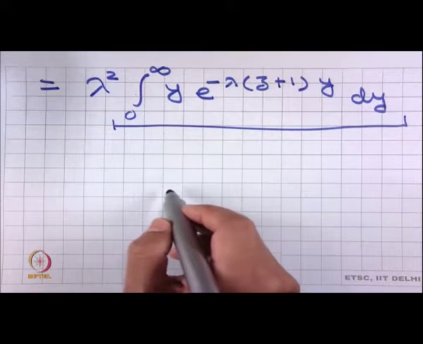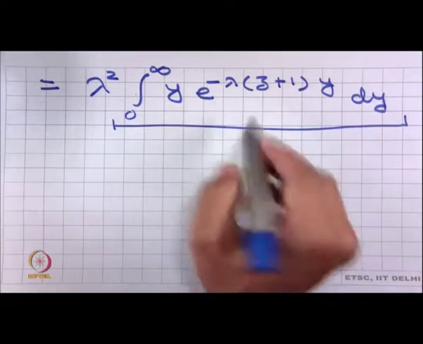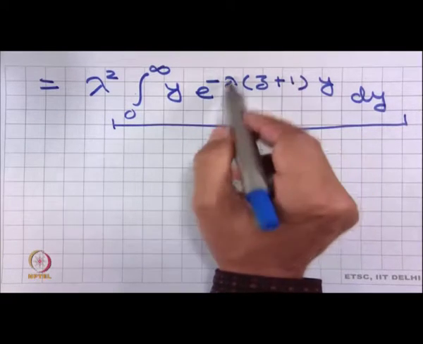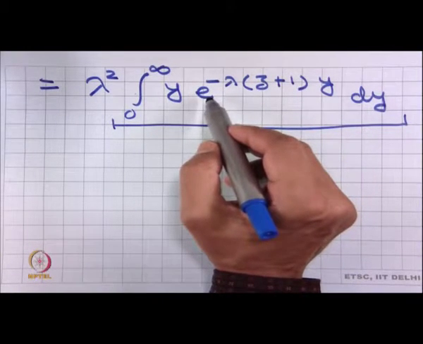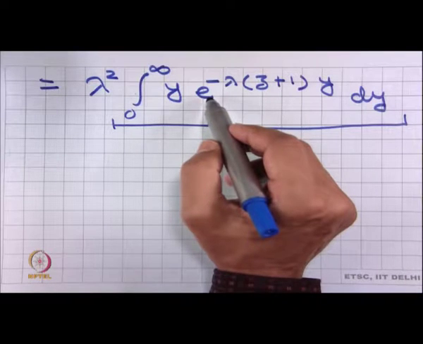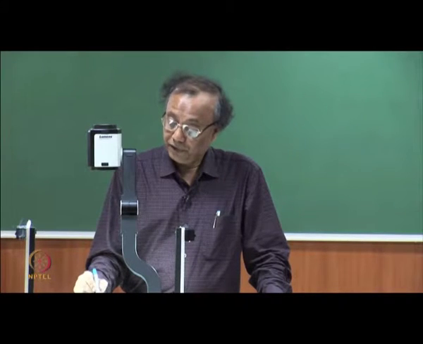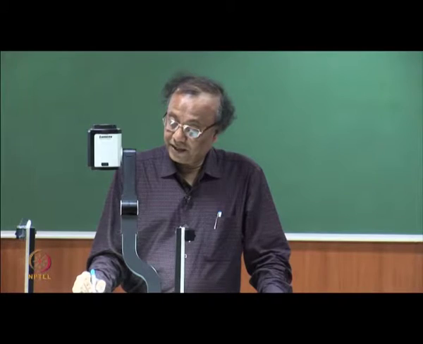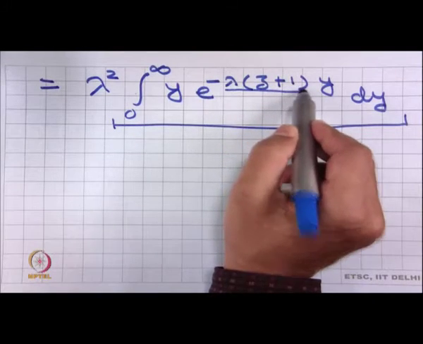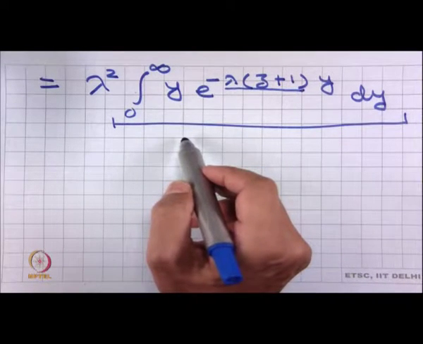Now, let us look at this term. This resembles an exponential distribution, where for a fixed z the parameter is lambda into (z plus 1).